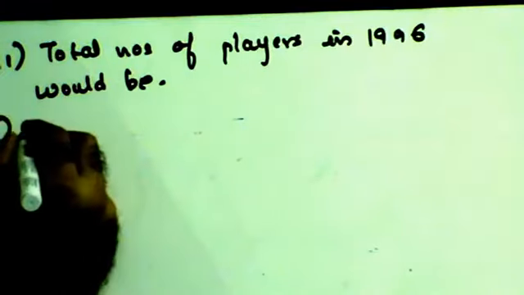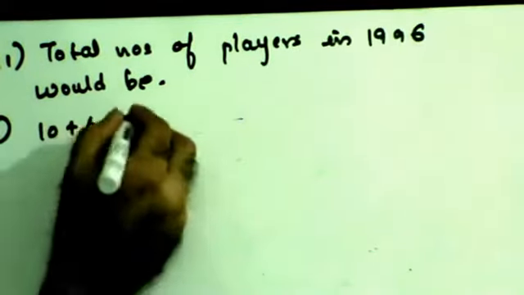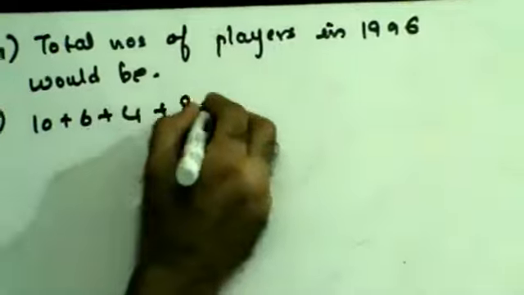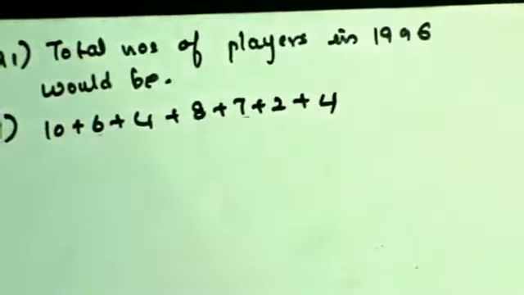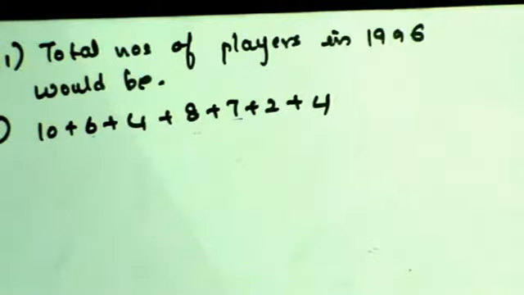Total number of players, irrespective of the transfers, would remain the same. So that will be 10 plus 6 plus 4, plus 8 plus 7 plus 2 plus 4. Either I could add all those numbers, but that is not the correct addition because that is inclusive of those who play more than one game.